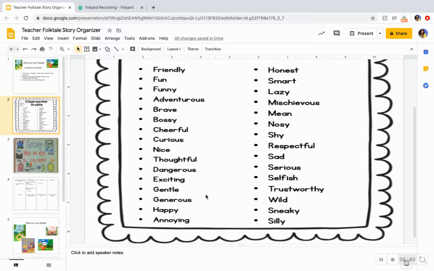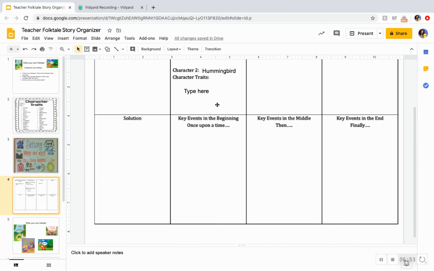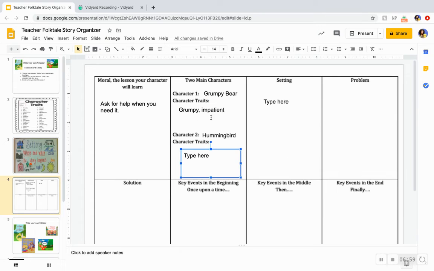So I'm thinking about Hummingbird, and I think Hummingbird is going to be nice or kind. And I'm also going to say that Hummingbird is very helpful. She's going to help Bear. So now I've gone back to my graphic organizer.